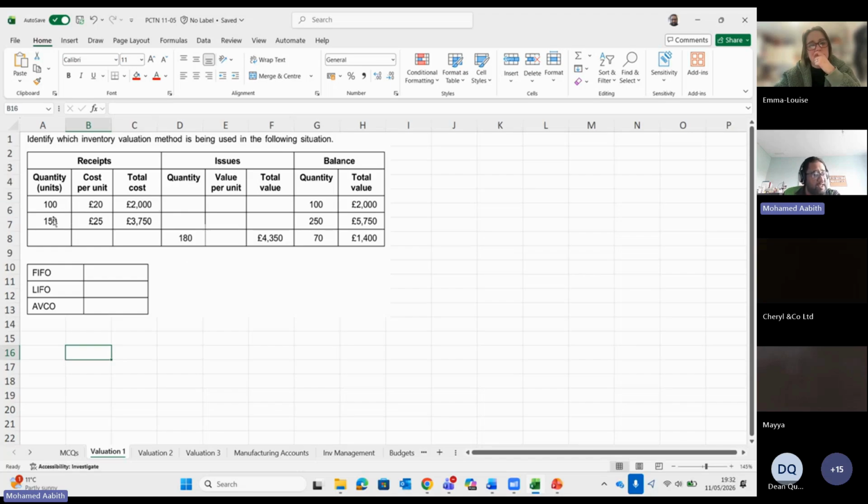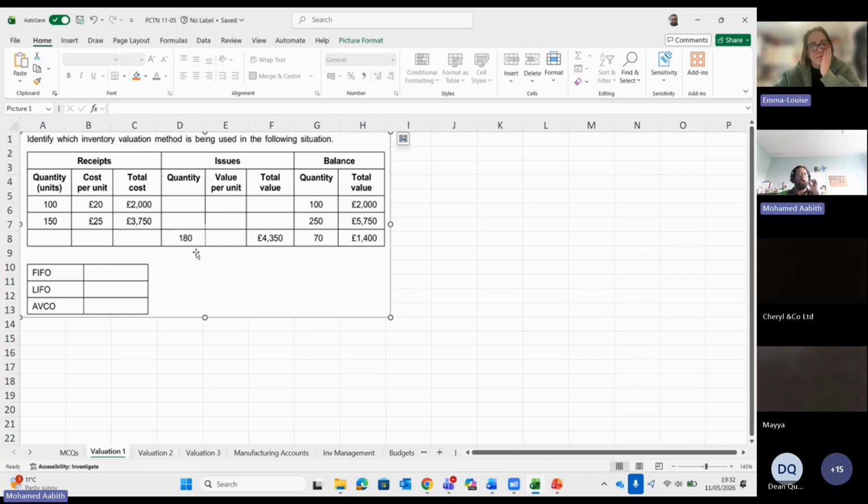They received a further 150 units at 25 pounds a piece, which is 3,750. So the total inventory now is 250, valued at 5,750, because if you add this plus that, that gives you 5,750. Now they issued 180 items, and the total value was pegged at 4,350. But let's see which method that could be.